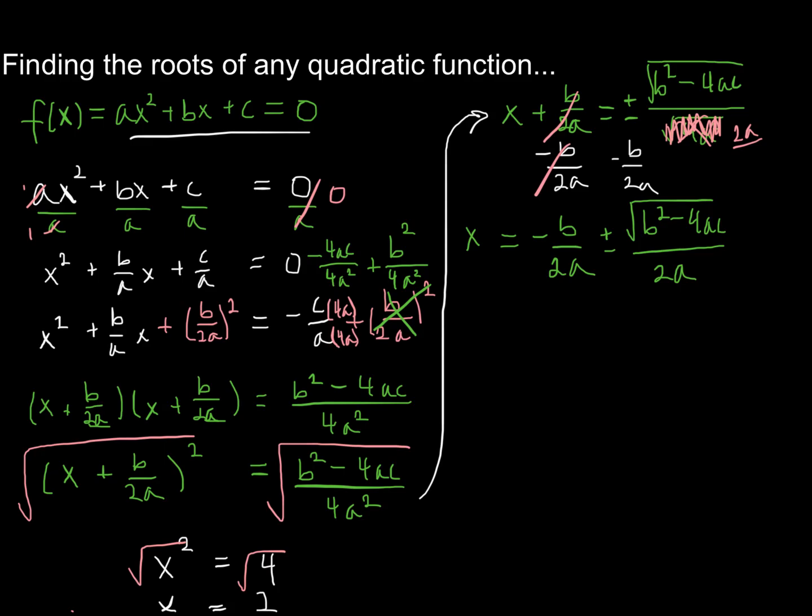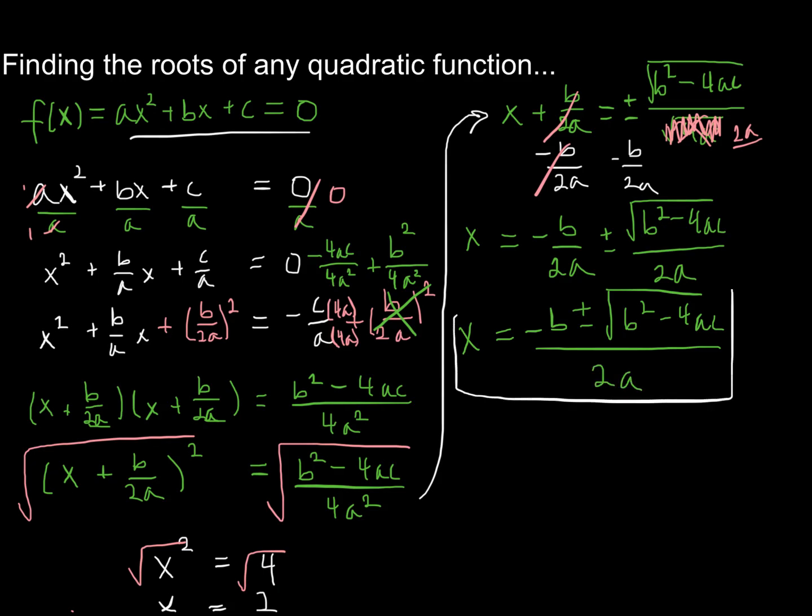So my final solution is that x is equal to negative b plus or minus the square root of b squared minus 4ac all divided by 2a.